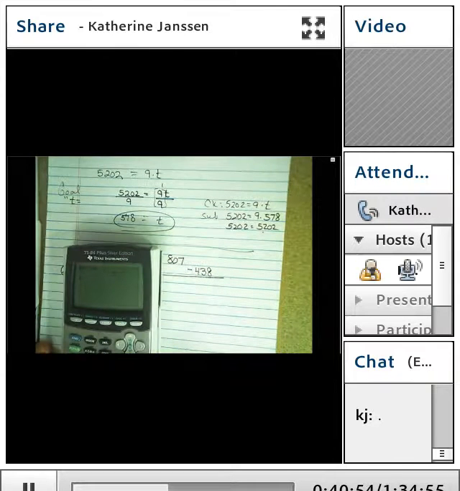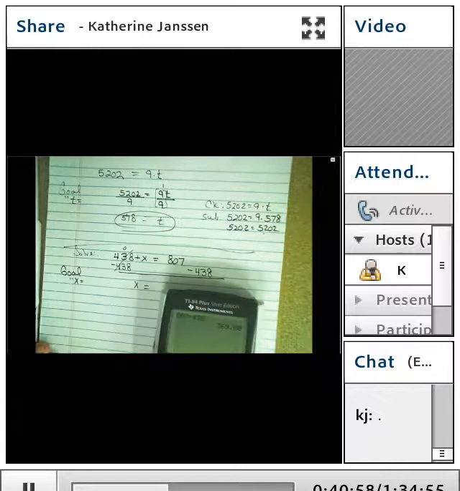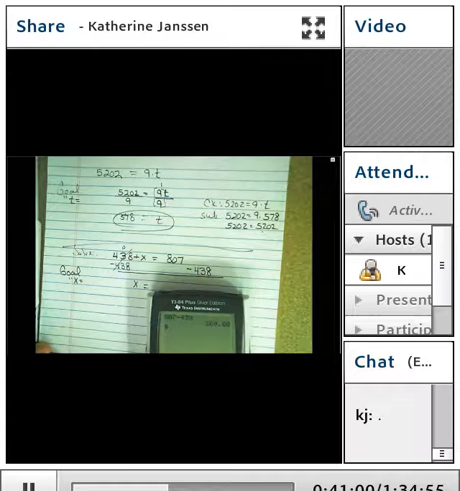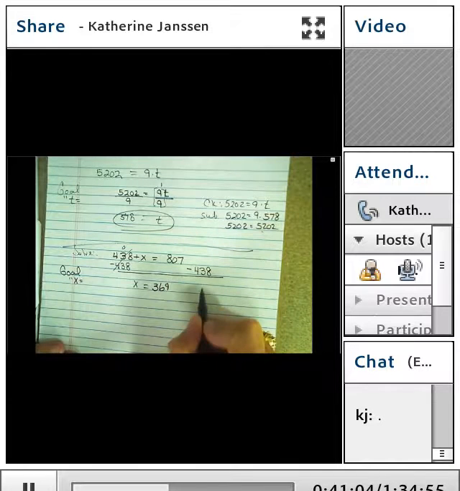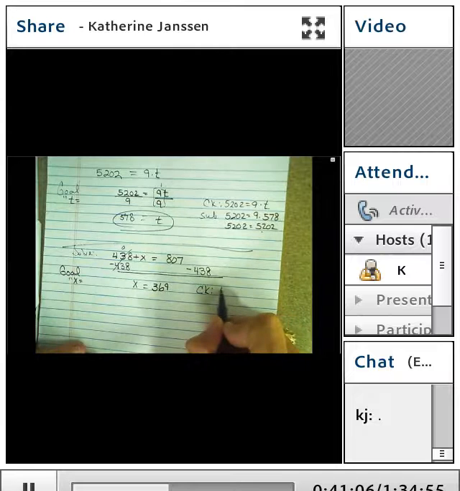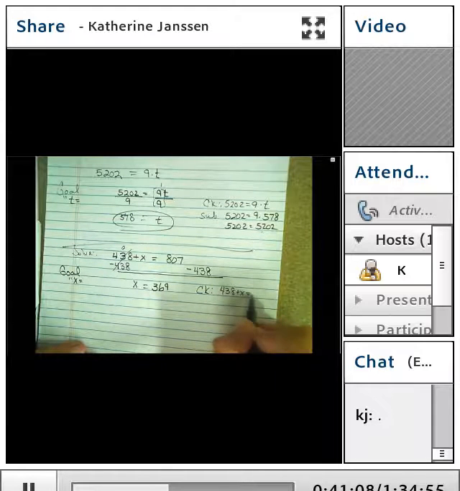So 807 subtract 438 is 369. Of course, we want to check this. We have 438 plus x equals 807.